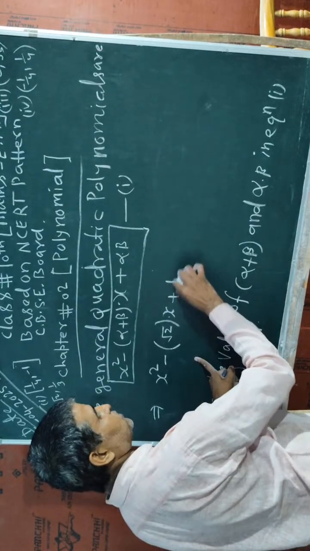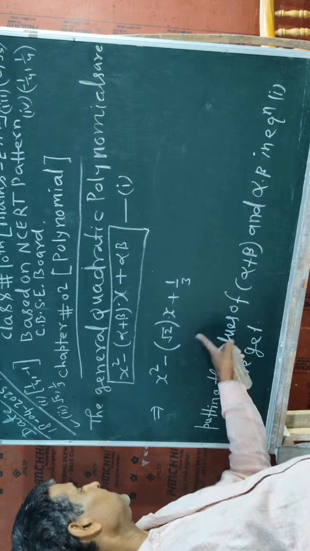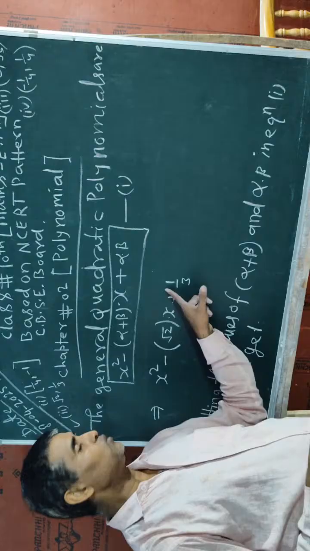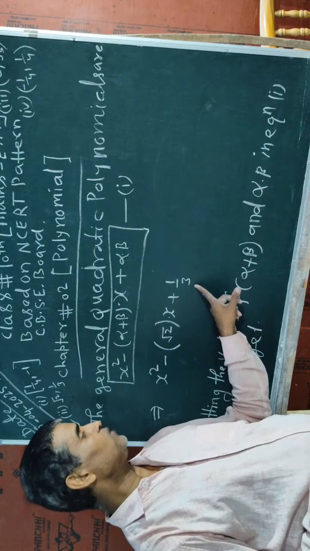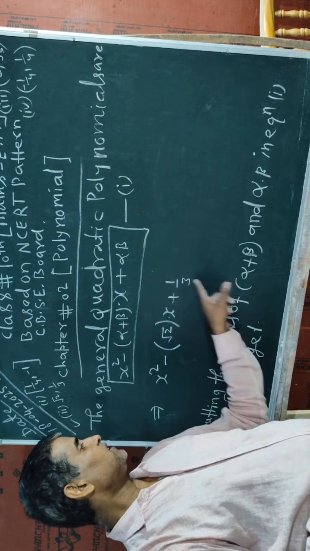Okay student, so this is the particular quadratic equation, the quadratic polynomial. Now here this term is known as the numerator and this term is known as the denominator. Now I am going to take 1 by 3 common.